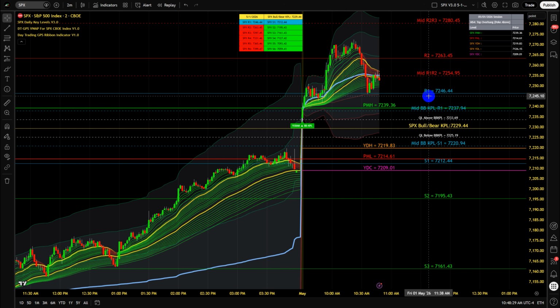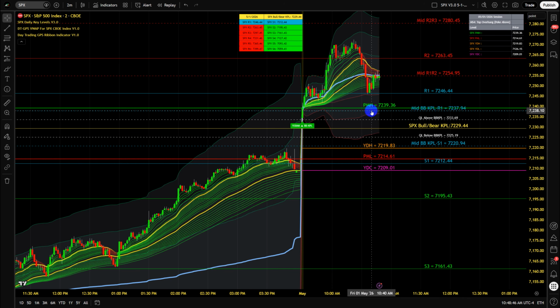You also have the R levels, the main R levels above, and the main S levels below. So if you look here, you have R1 through R6 and S1 through S6. These are known as the main key levels.